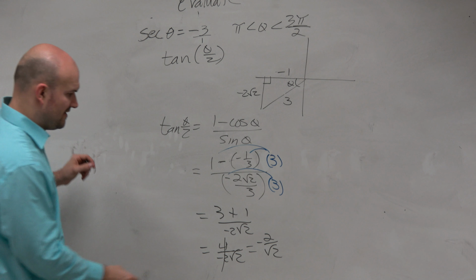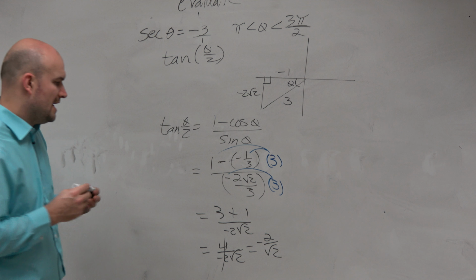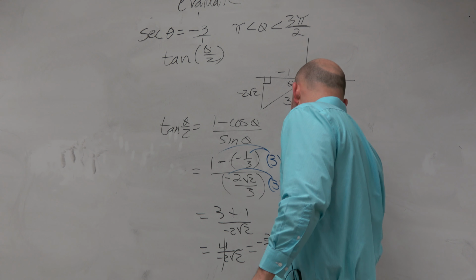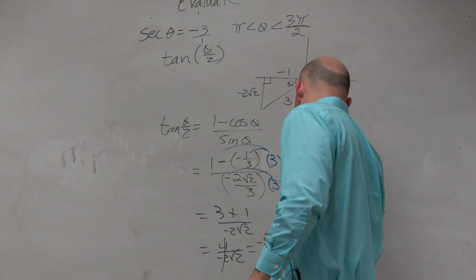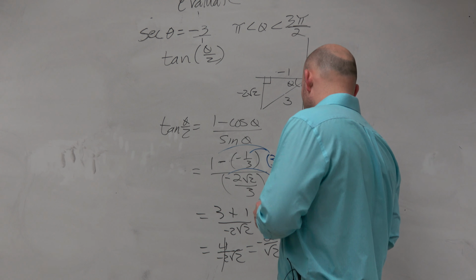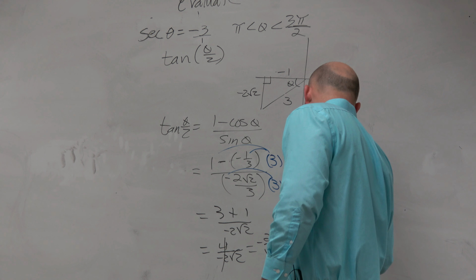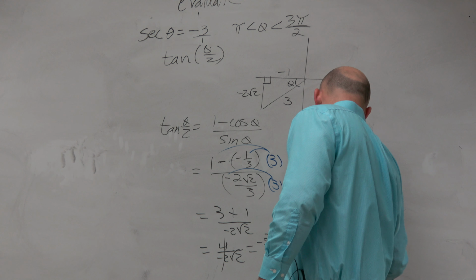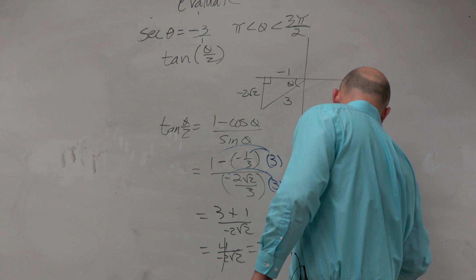So that can simplify, right? And then you could probably rationalize the denominator to simplify this one more time. And when you do that, you get a -2 square root of 2 divided by 2, which equals a negative square root of 2.